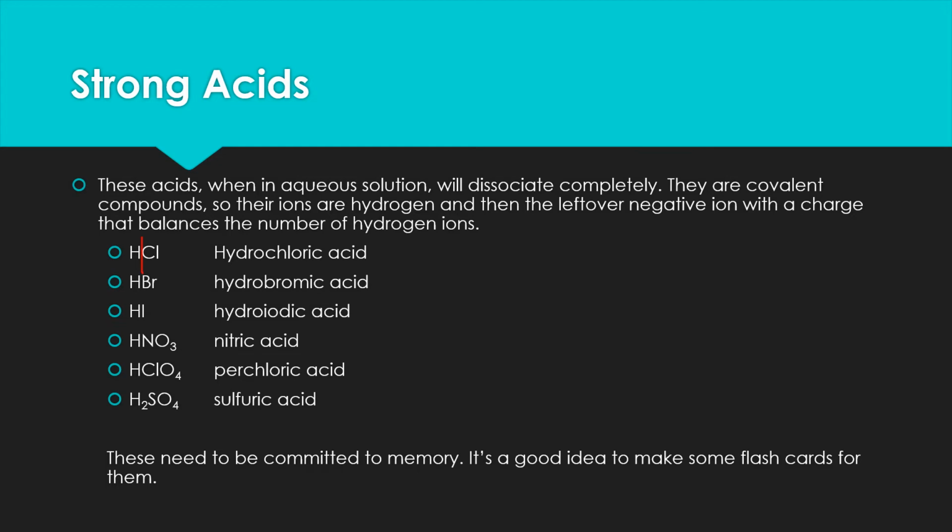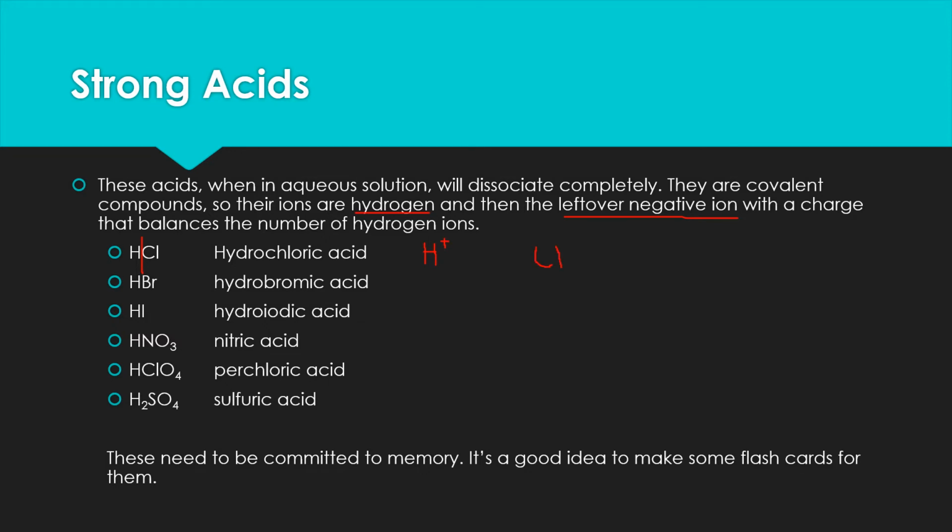So when they ionize or break into ions, we get a hydrogen ion, and then whatever's left over is our negative ion with a charge that balances our number of hydrogens. So for instance, HCl, when it's aqueous, it's not HCl, it's H plus and Cl minus, okay?